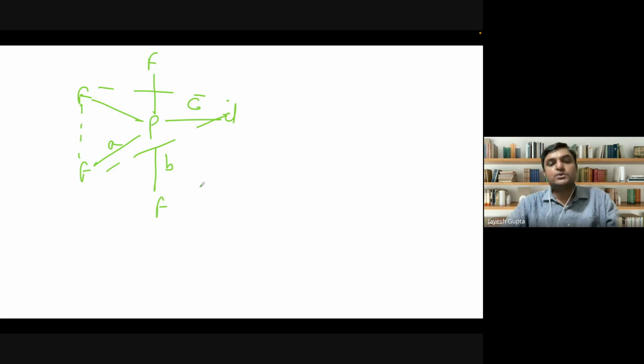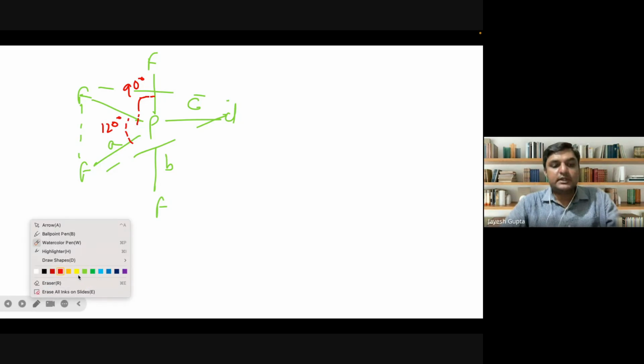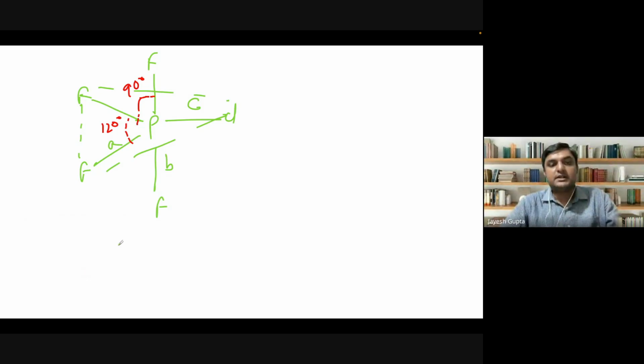So here we have to do the question with bond angle, because the bond angle will be different. Here the bond angle is 90 degree, and here it is 120 degree. So with bond angle also, you can check the difference in electronegativity.